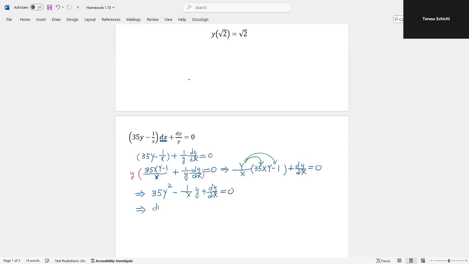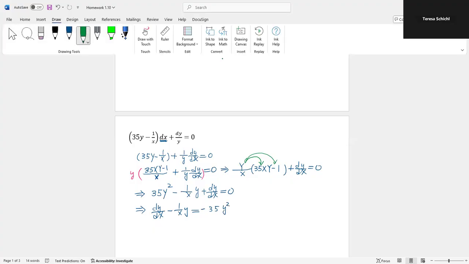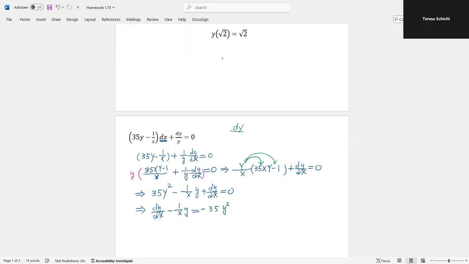So this is dy dx minus 1 over x times y. Then I move this negative 35y squared to the other side of my equation. So remember, what does my Bernoulli equation look like? My Bernoulli equation is dy dx plus p(x)y is equal to q(x)y to the n.